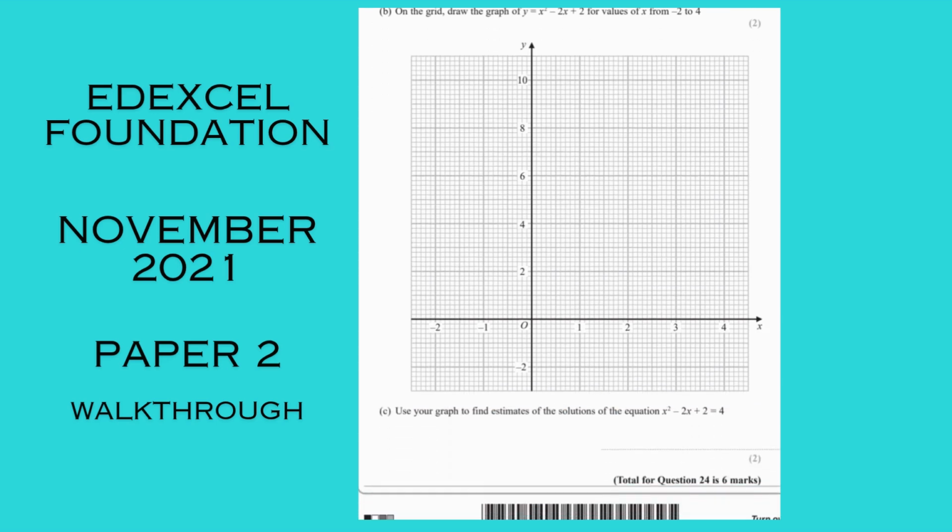Now let's make a total bodge of this. Like I've said on previous videos, if yours is not better than mine, you really need to do it again. So -2, 10 up. -1, 5 up. 0, 2, 1, 1, 2, 2, and we've got 3, 5 because the symmetry comes into play, and 4, 10, and here's total bodge job.